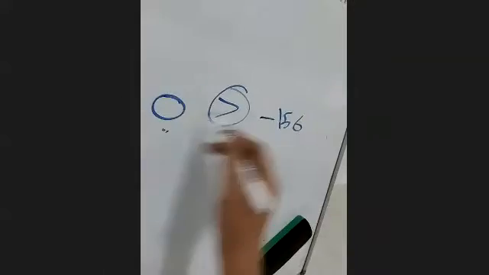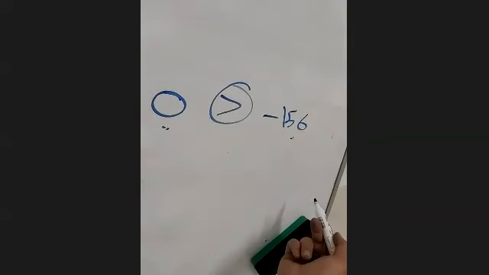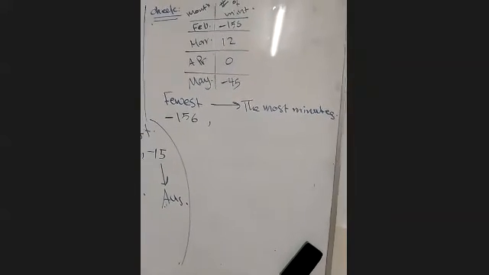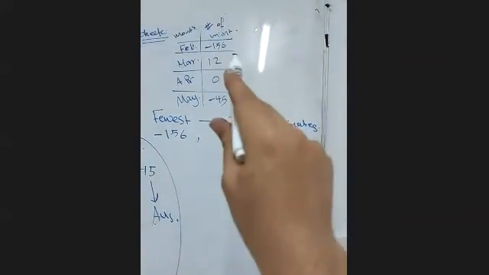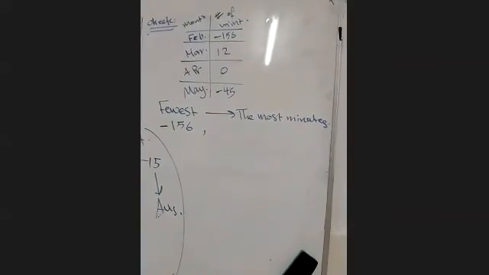No money is better, so 0 is bigger than this. The least integer here is negative 156, not 0, okay?